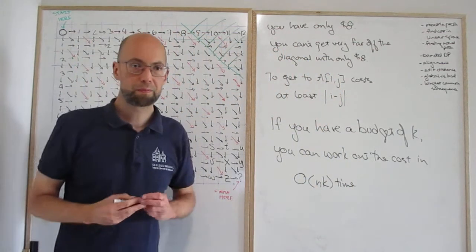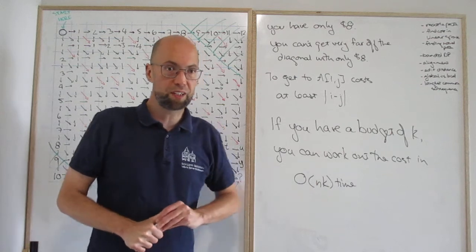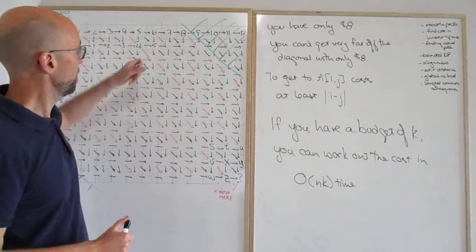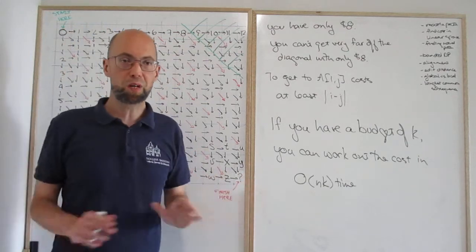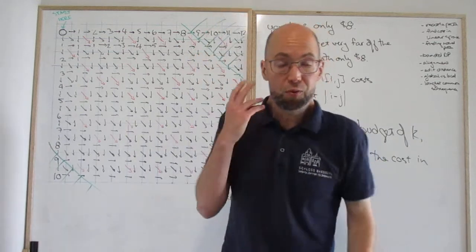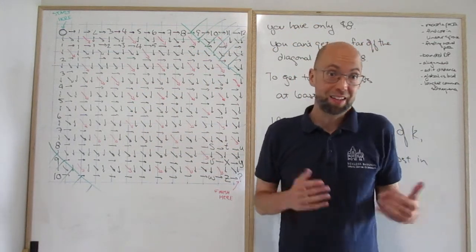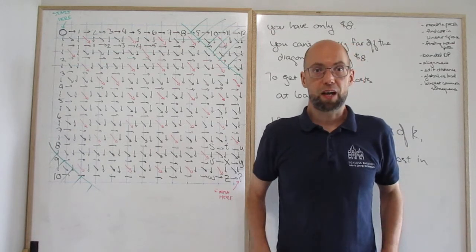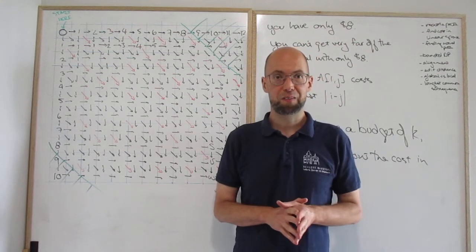Because you just figure out the values in the band. If you ever think about going over here, you'd be like, nope, don't need to. I already know it's too expensive. So if you know that the path is going to be pretty cheap, then it's actually quite fast to work out the path. Okay, so that's called banded dynamic programming.